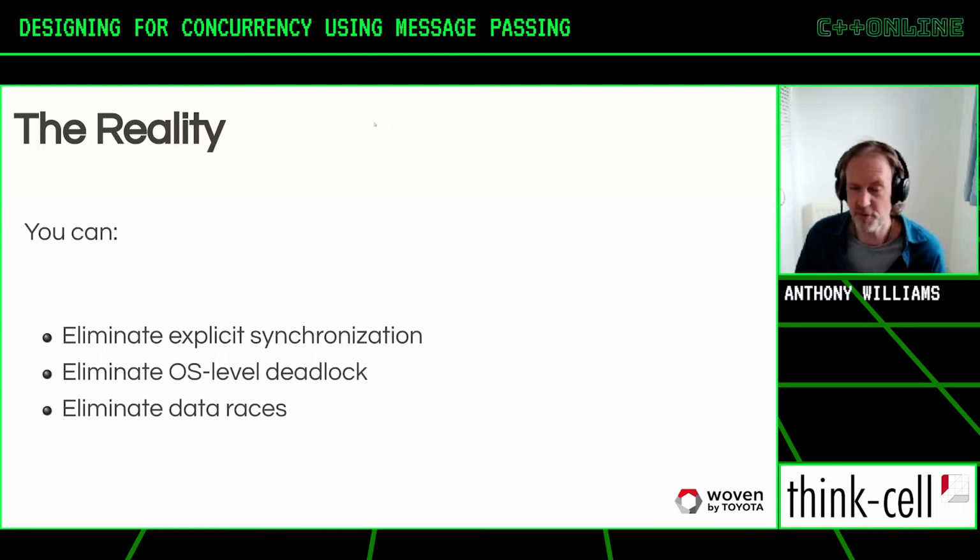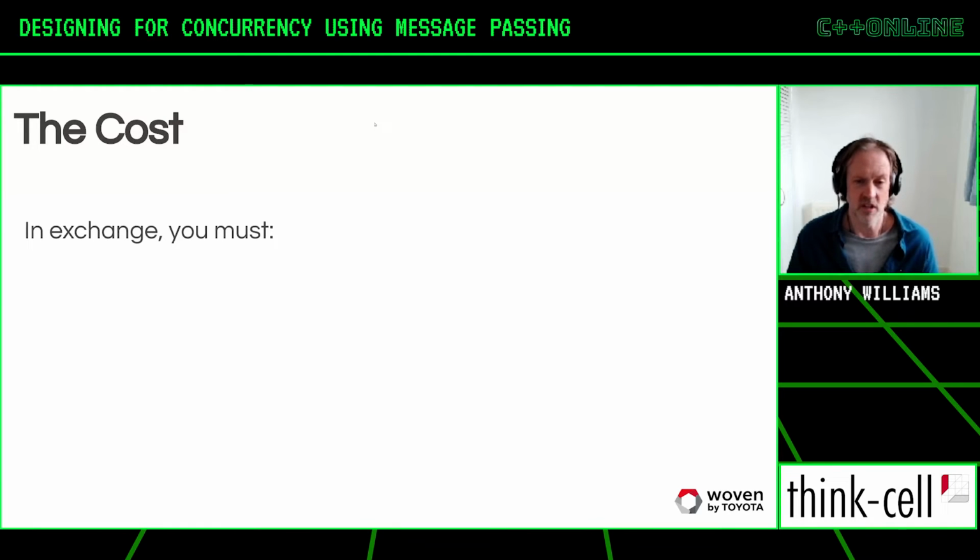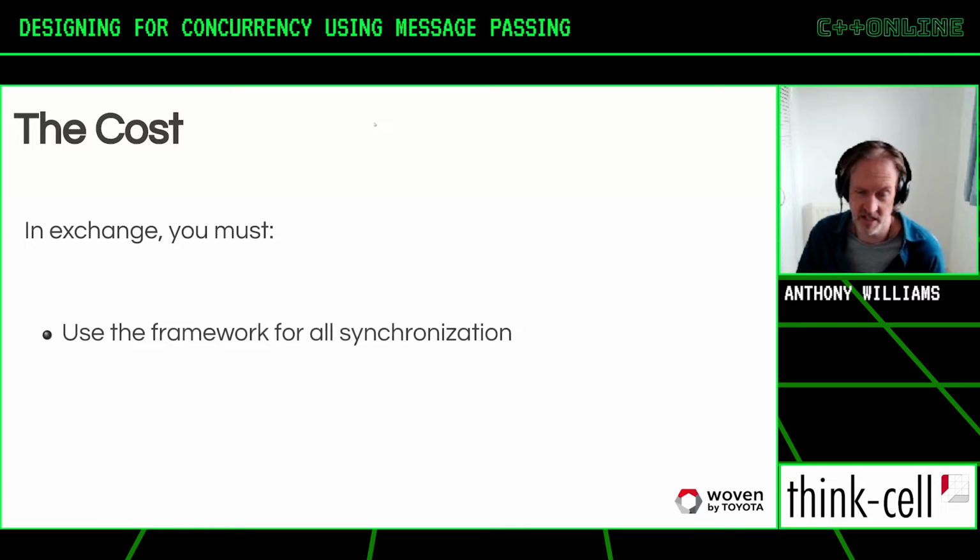But it doesn't come for free. There is a cost. In exchange for these definite benefits, you have to use the message passing framework for synchronization. If you start doing some synchronization on your side and introducing your own communication paths, those communication paths are now not covered by the message passing framework. They provide their own set of guarantees and their own potential sources of bugs.